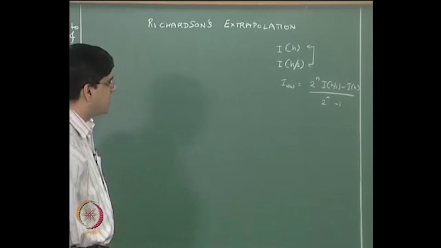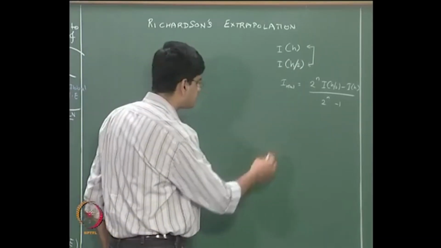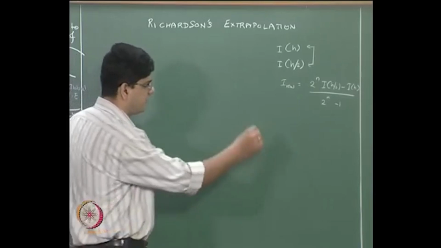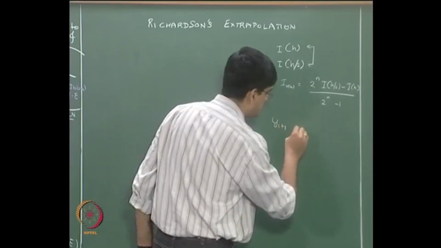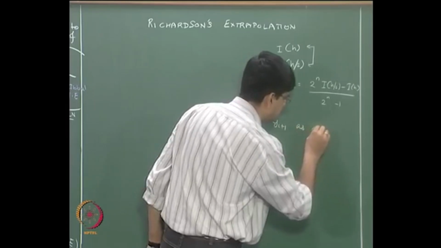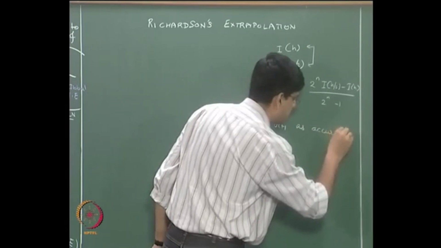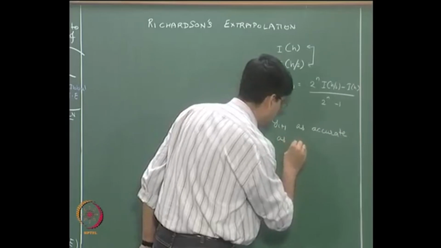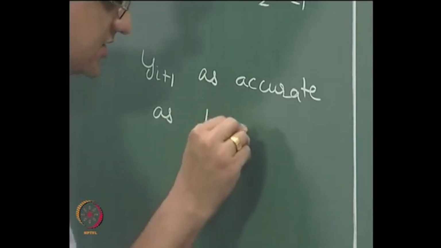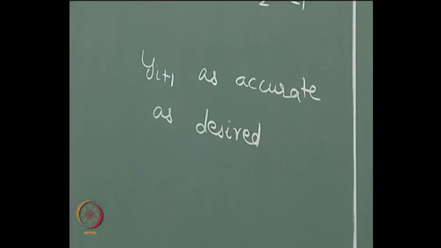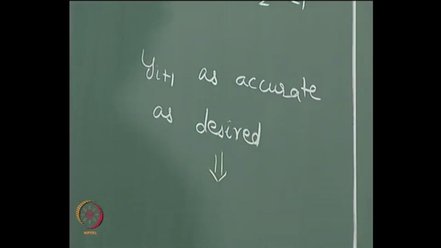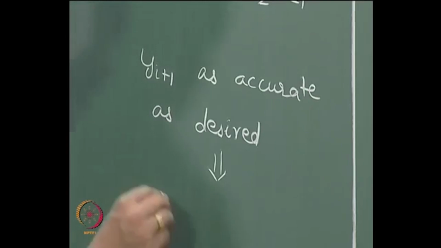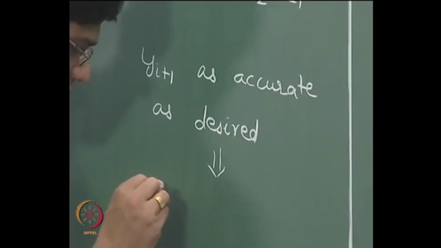Okay. So the idea is this: what we want to do is get y(i+1) as accurate as desired. What do we mean by as accurate as desired is that we need to define what tolerance value we need.